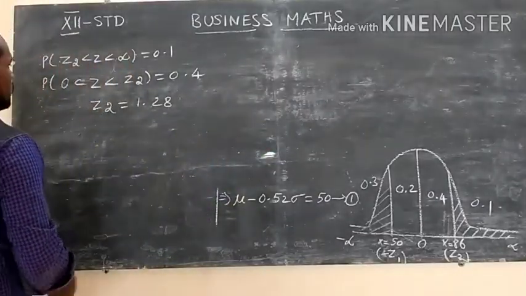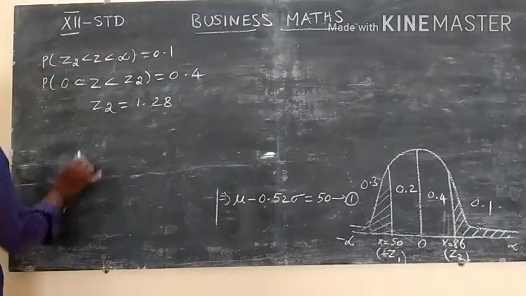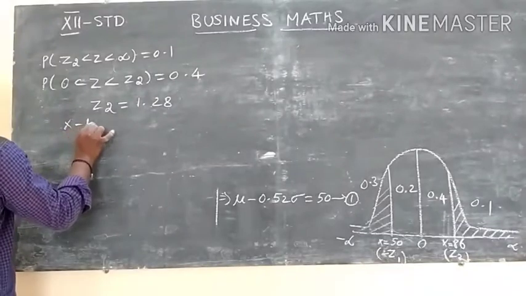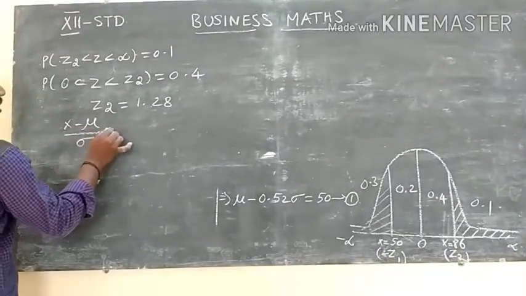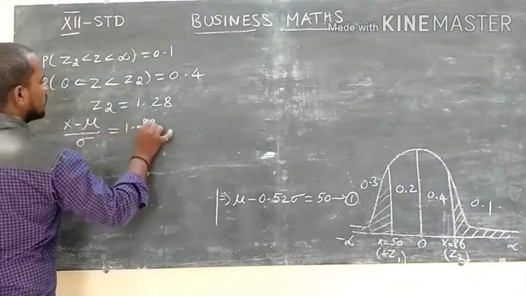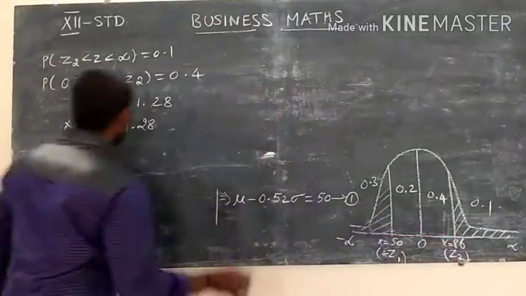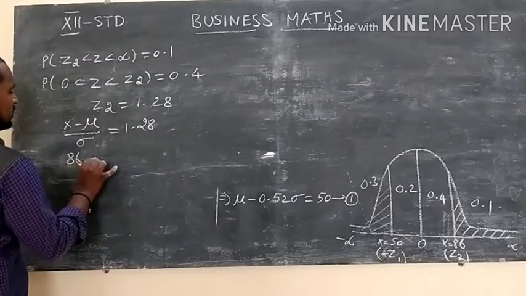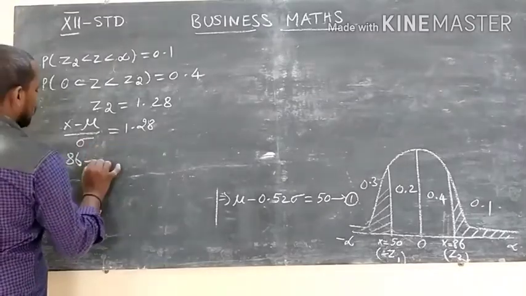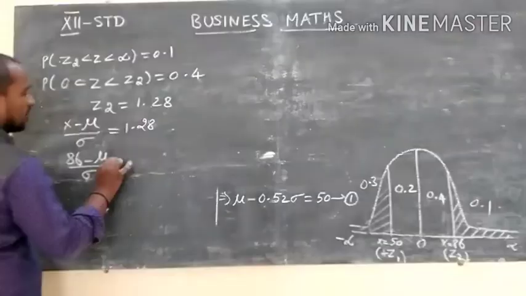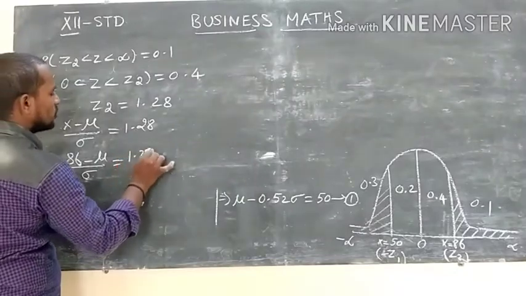1.28 from the table. So the Z formula is (x minus mu) divided by sigma, equal to 1.28. Here x is 86. So (86 minus mu) divided by sigma is equal to 1.28.